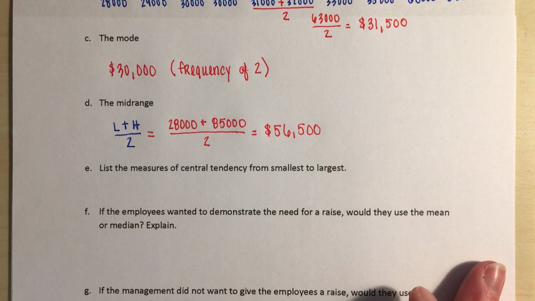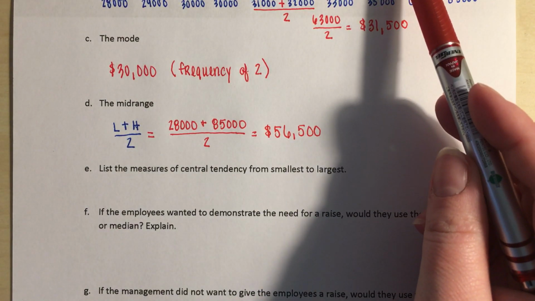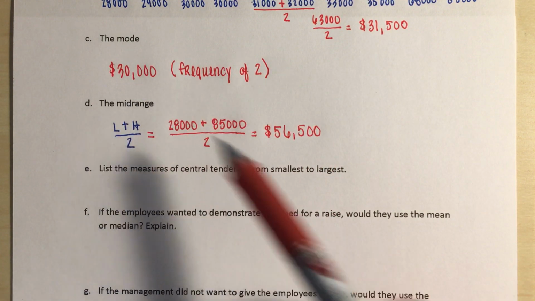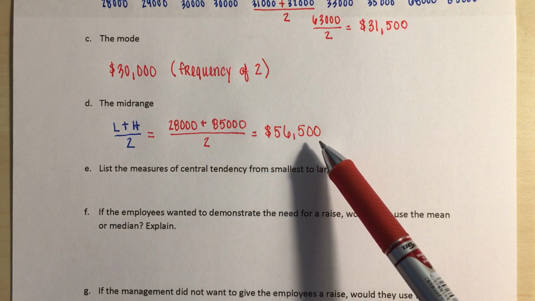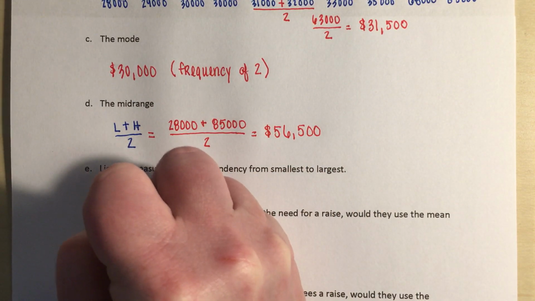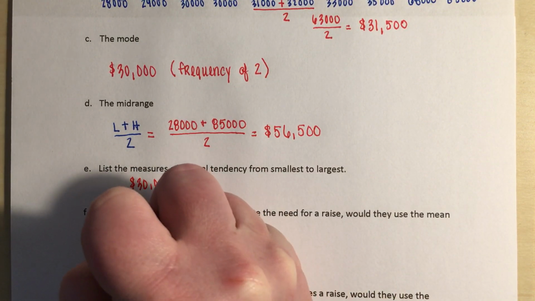All right, now for E, we're asked to list these measures of central tendency from smallest to largest. All right, so we had 40,100 for our mean, 31,500 for our median, 30,000 for our mode, and 56,500 for our mid-range. All right, so smallest to largest, we have 30,000 from our mode.